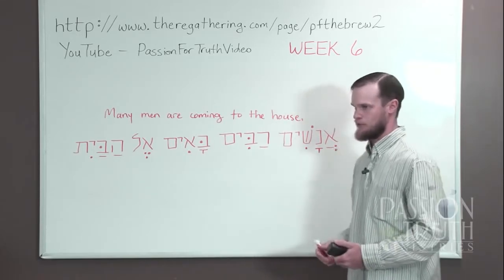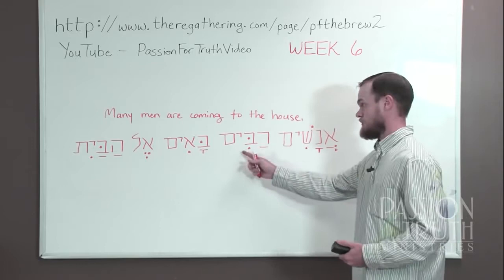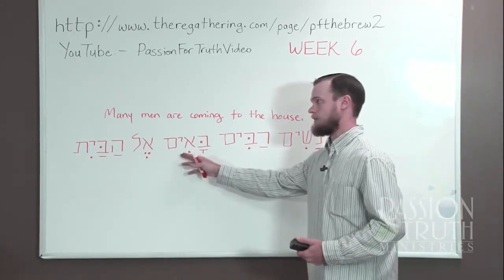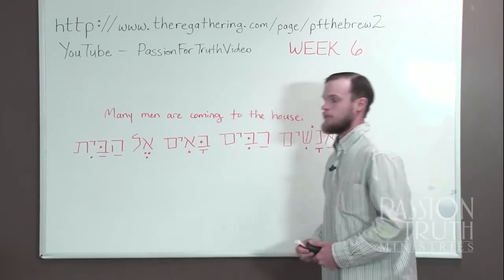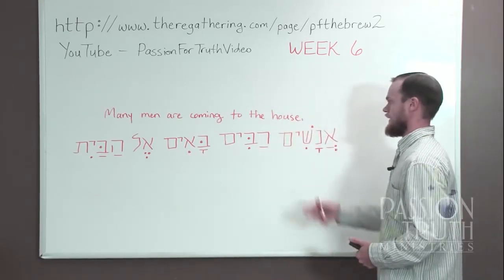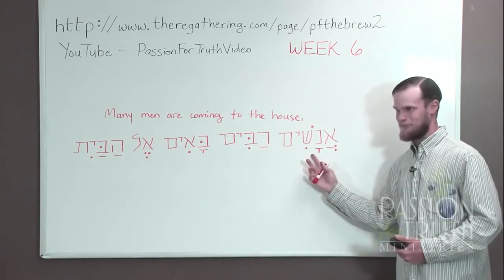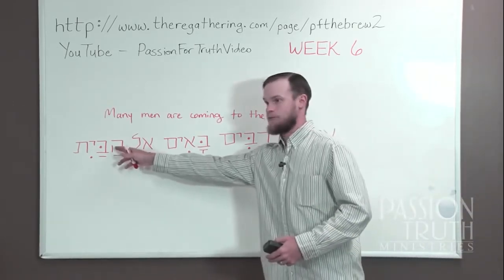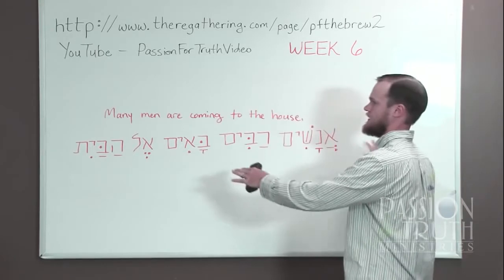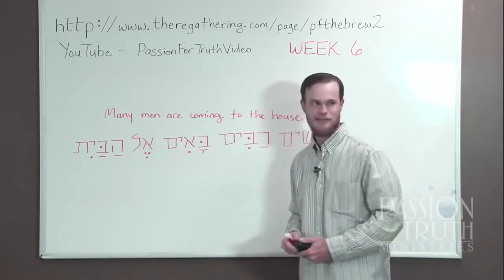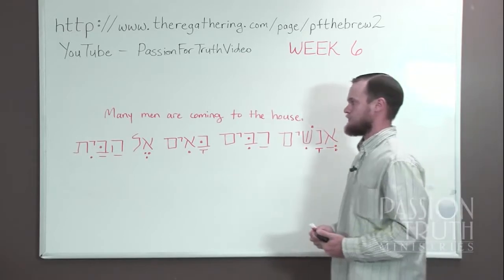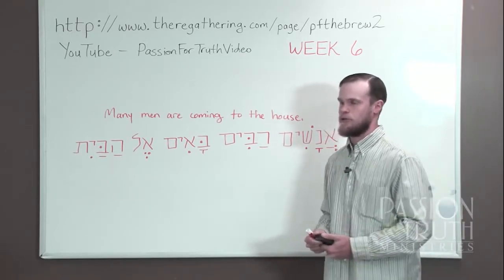The adjective has to match in gender and in number. The verb has to match in gender and in number. We've got an irregular plural on anashim, and the preposition el, and our definite article hey. So this is blending everything together in one sentence that we've gone over so far. And these are the things you have to think about as you're constructing your sentences.